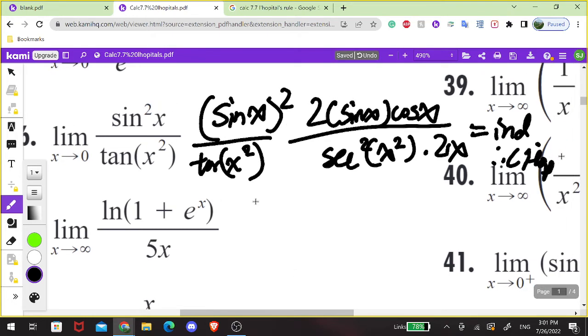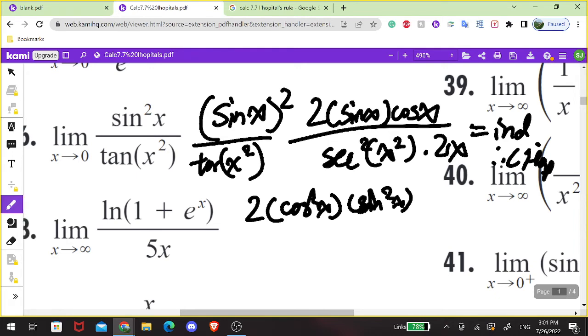Now we take the derivative of all that. The 2 on the top will be cosine x, like we just did earlier, times sine squared x. Put a negative sign. Where's my negative sign? Negative sign. And then on the bottom it's going to be secant squared x.